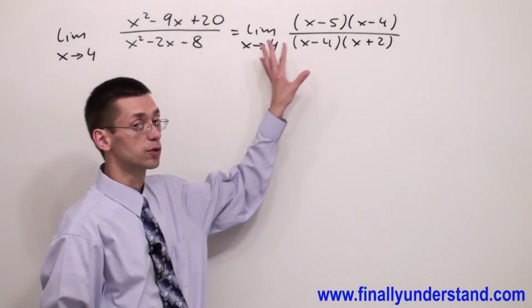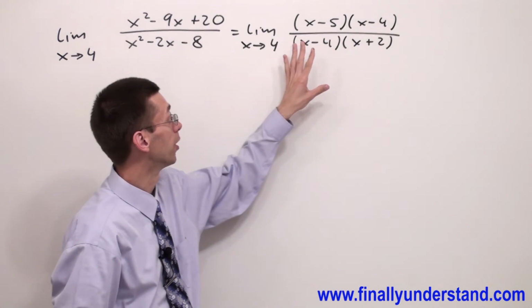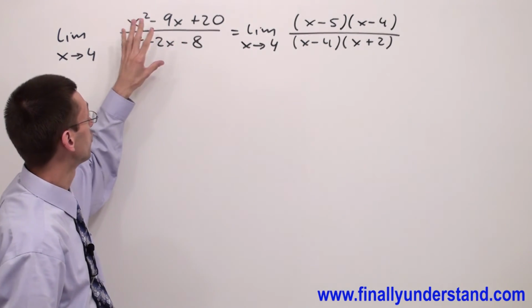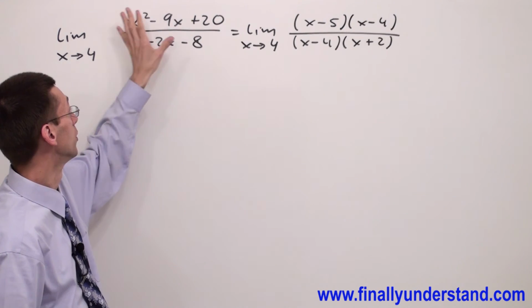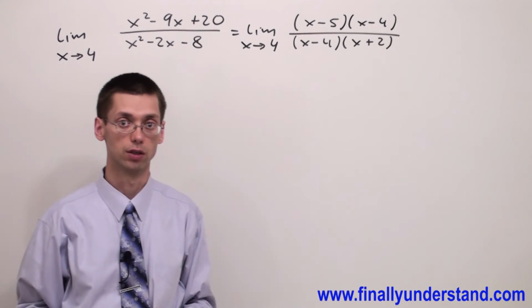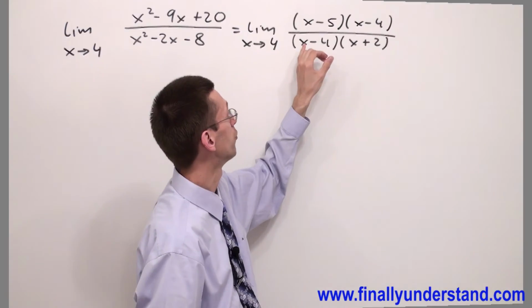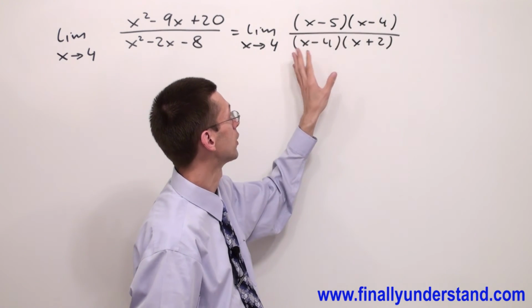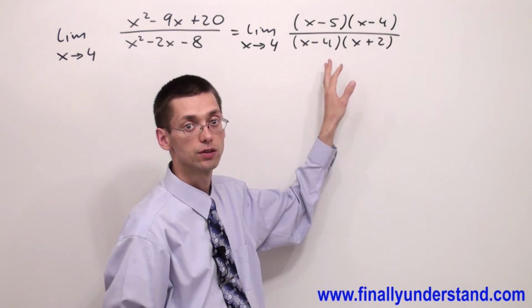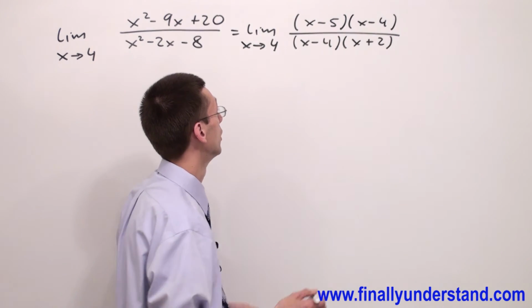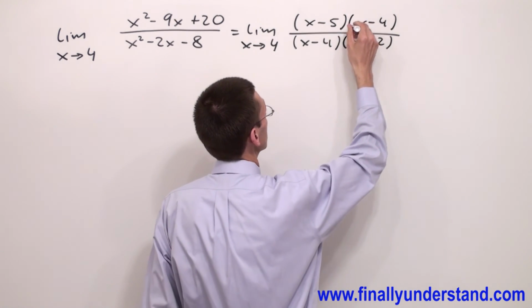This is the expression of my problem after factorization. I factorized the numerator and denominator of my rational function. The common factor for the numerator and denominator is x minus 4. That's why I can cancel them out.